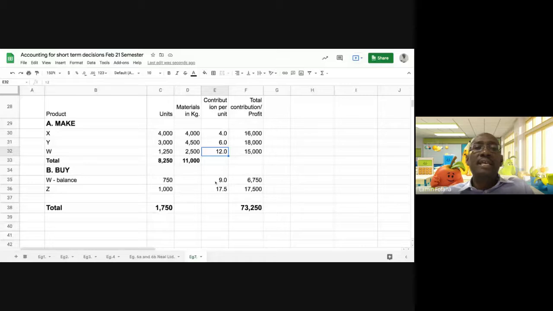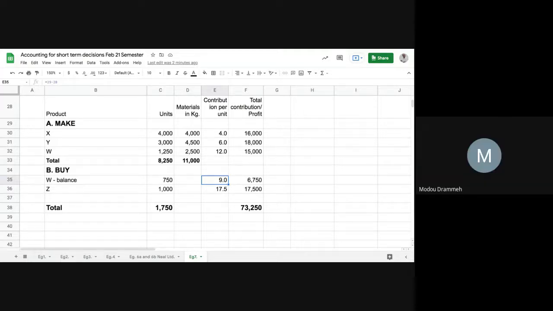The contribution per unit for W in the buy region is the sales per unit less the buying price per unit. The sales per unit is 29, whilst the buying price per unit is 20. So they cannot be the same.